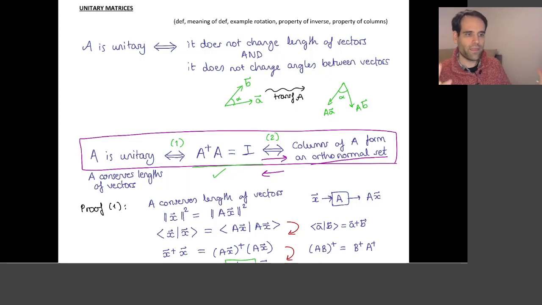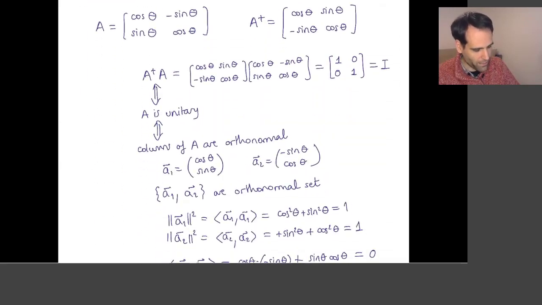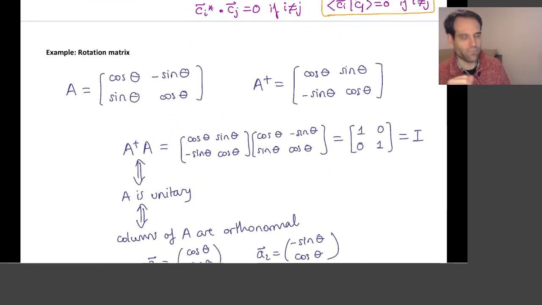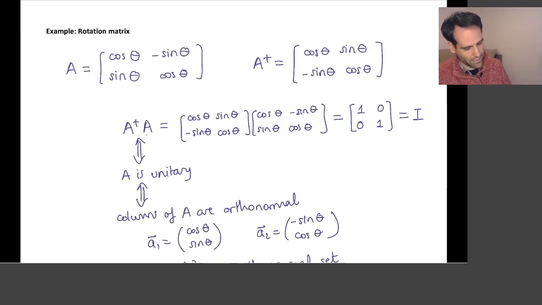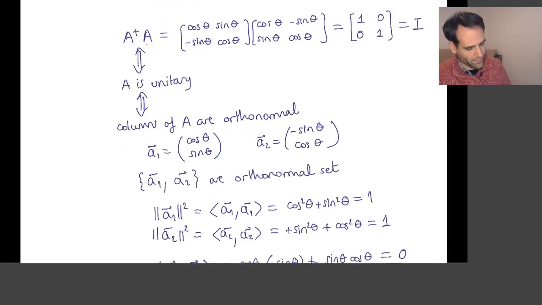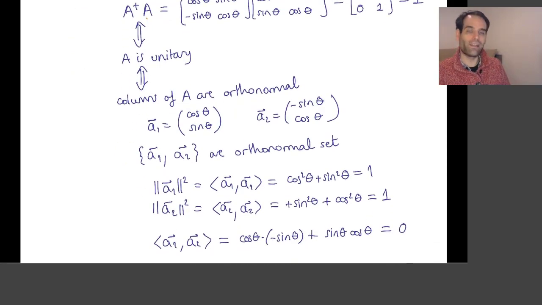And it says things that seem very strange at first glance. If a matrix conserves the lengths of the vectors, then A dagger times A equals the identity matrix, and then all the columns are an orthonormal set. We saw the example of the rotation matrix. Rotating doesn't change the length of vectors, and indeed we can check that A dagger dot A equals I, and that the columns of A are orthonormal.